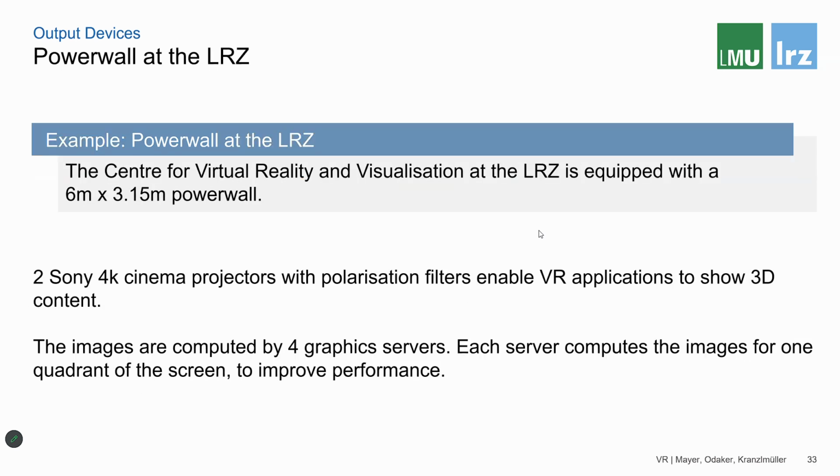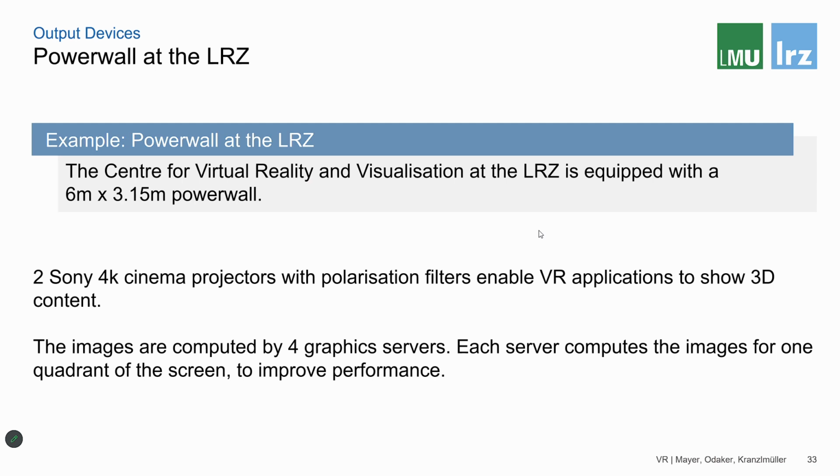The example for a Powerwall, you have seen it here at the LRZ. So our Powerwall has a screen of 6 meters by 3 meters and 15 centimeters. And well, our Powerwall is a bit of a hybrid between a single and a multi-display installation. Why? We use two 4K Sony Cinema projectors to project onto the screen.